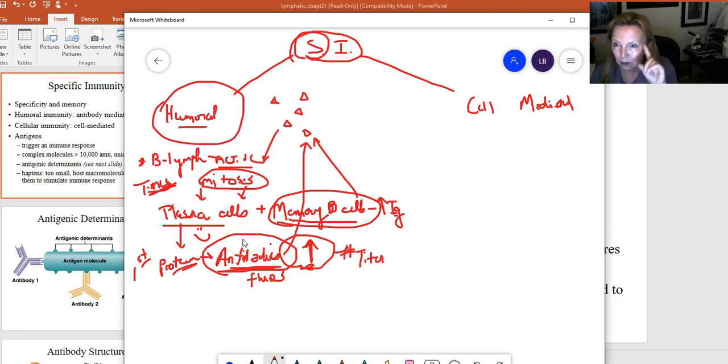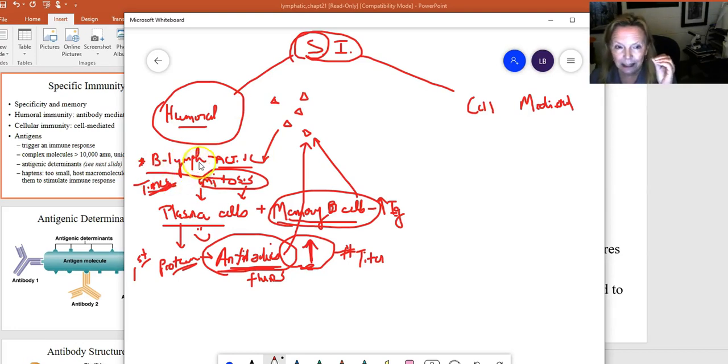Now, what did it take for humoral immunity? It took B lymphocytes, very special types of lymphocytes. I had kind of in hematology suggested to you that there isn't just one type of lymphocyte. There are many different types of lymphocytes. And here's the situation where you're seeing some lymphocytes are called B lymphocytes.